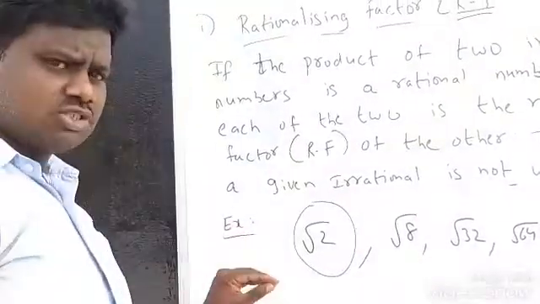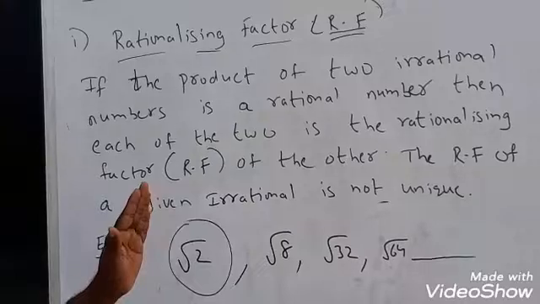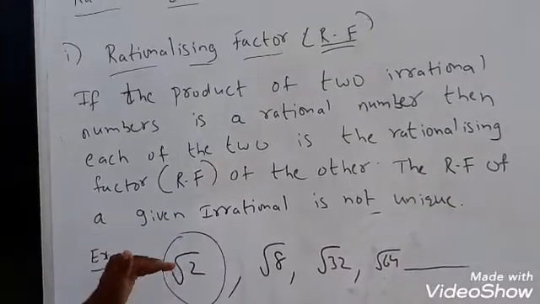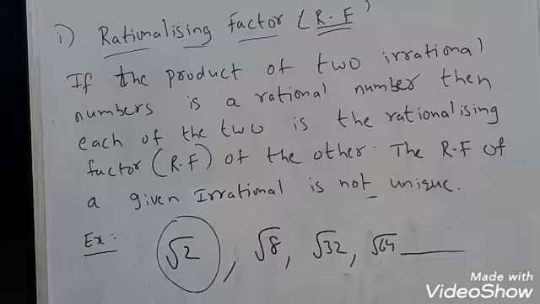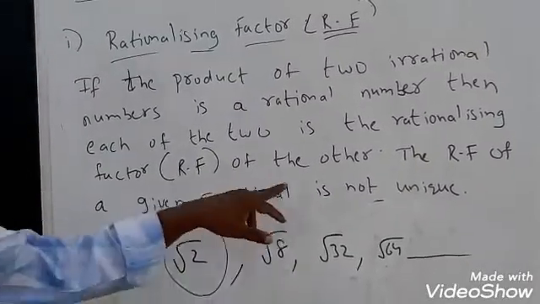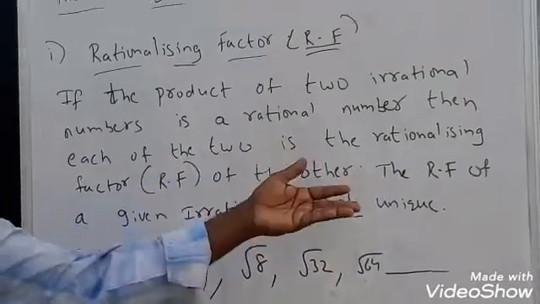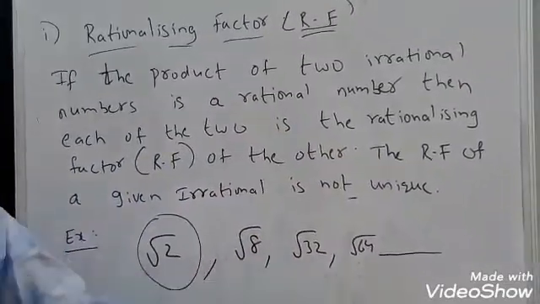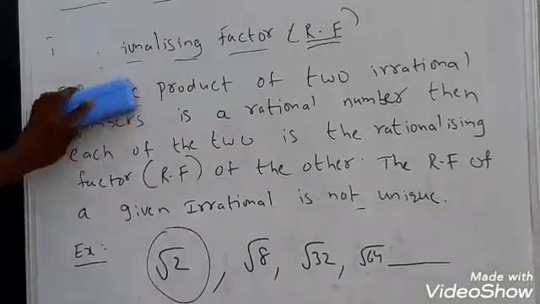You have to multiply by the smallest factor so that the result will give a rational number. That we consider as the rationalizing factor. The rationalizing factor of an irrational number is not unique. We have so many, but you have to take the smallest one. Now we are going to explain some examples using this.